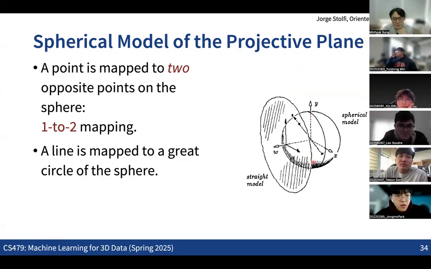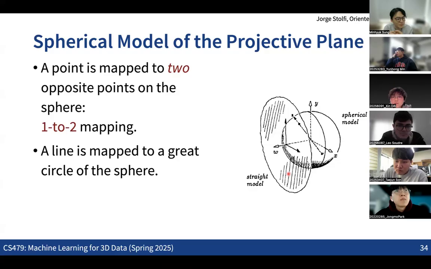Over the gray circle. So this means that for any point over the projected plane, we can define the 1-to-2 mapping. That shows an interesting geometry of the projected plane: the whole space can be mapped to two points, and every single point is mapped to two points over the sphere.